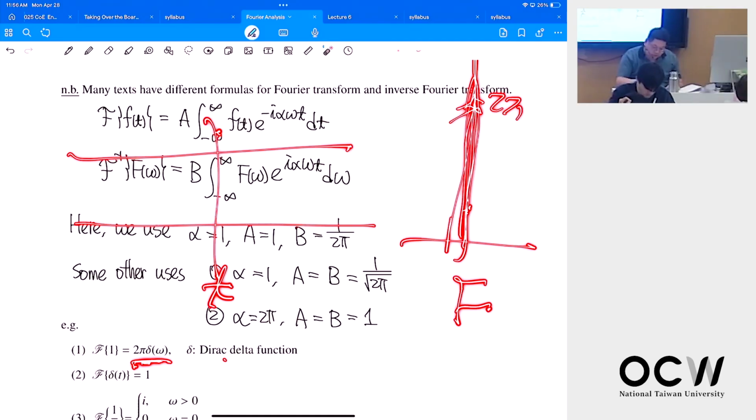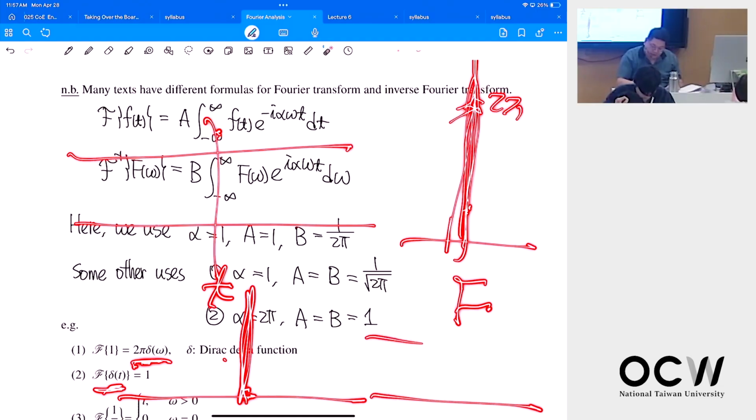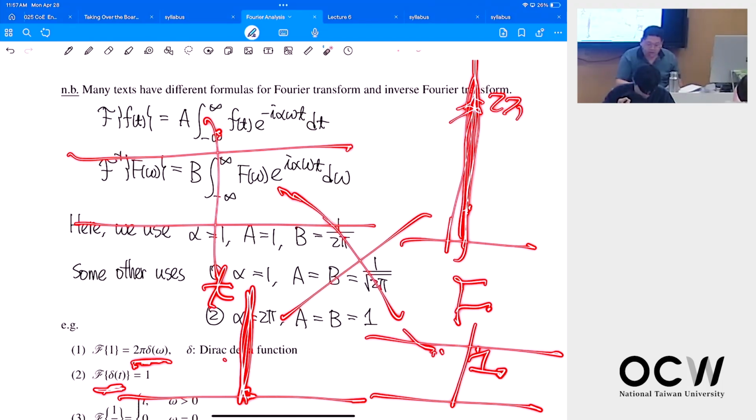So if I have a delta function in time domain, in Fourier domain that's 1. You can see that there are some dual properties here, but in this course, we just learn some properties. If you want to know more about that, you can take signals and systems, or any advanced signal courses.